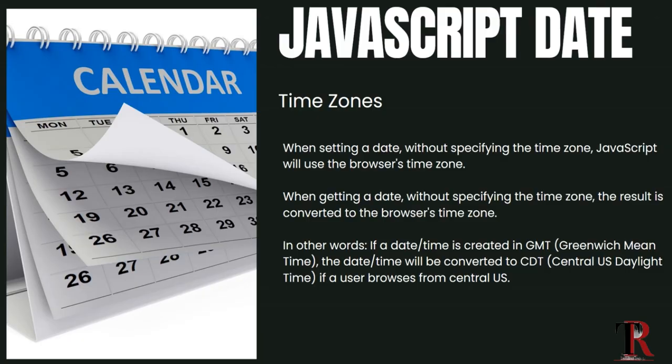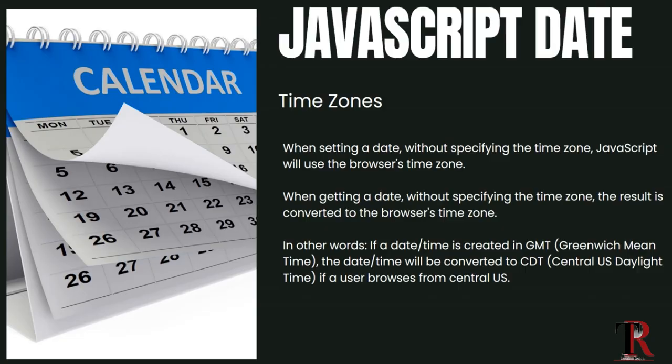When getting a date without specifying the time zone, the result is converted to the browser's time zone. So when you get a date and you don't specify the time zone, the result is going to be converted to the browser's time zone, which means, in other words, if a date or time is created in GMT, Greenwich Mean Time, the date or time will be converted to CDT, Central US Daylight Time, if a user browses from Central US.